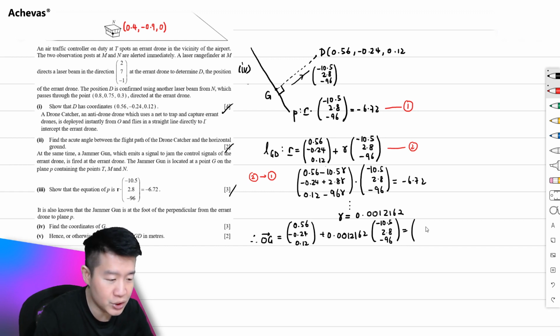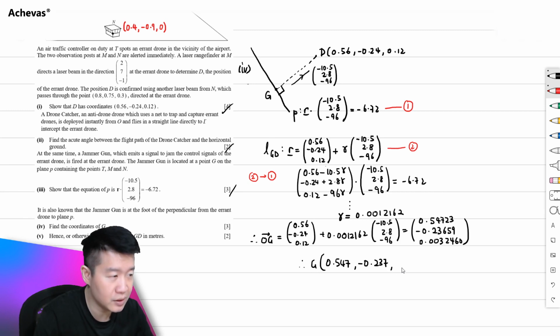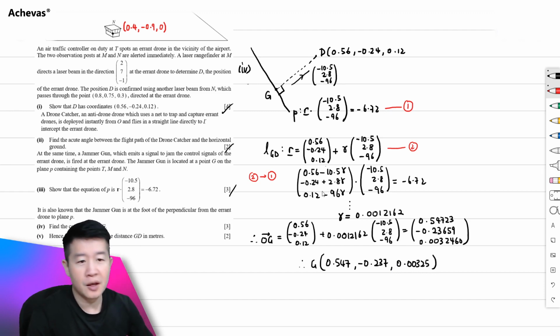This will give me OG as (0.54723, -0.23659, 0.003246), and therefore I know the coordinates of G will be (0.547, -0.237, 0.00325). And hence, I want to find the distance GD.